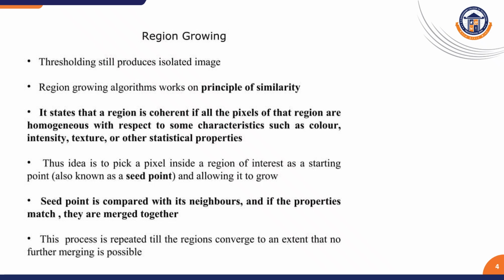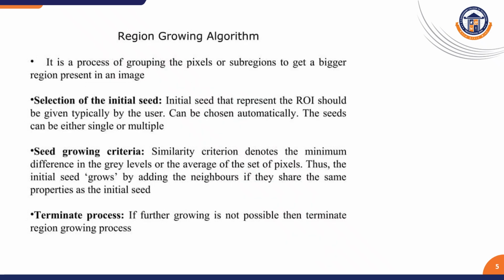The idea is to pick a pixel inside a region of interest, that is ROI, as a starting point, known as a seed point, and allow it to grow. The seed point is compared with the neighboring pixels, and if their properties match the seed point, they are merged together. This process is repeated until the region reaches an extent where no further merging is possible.